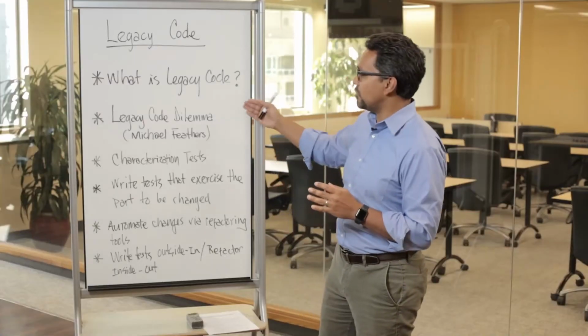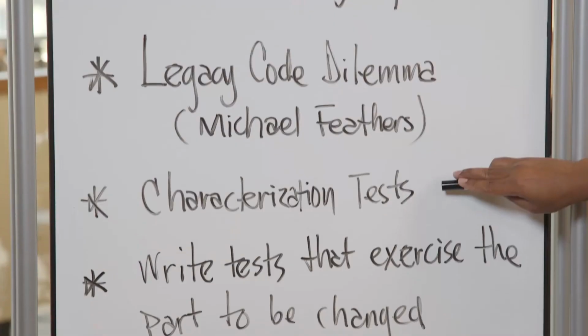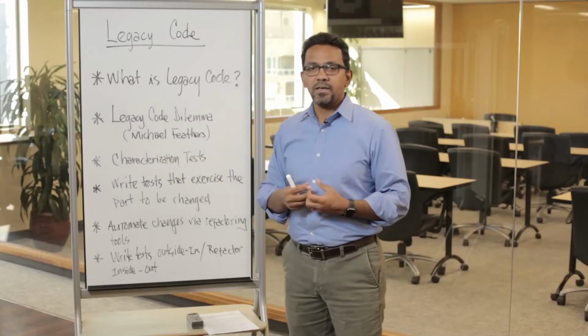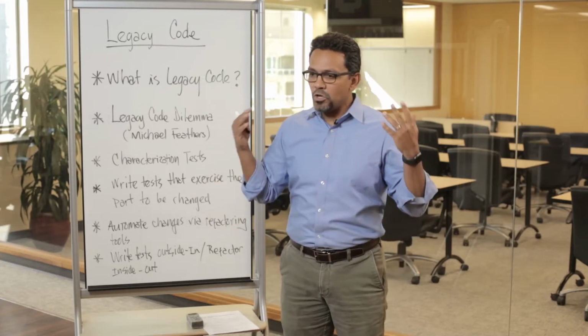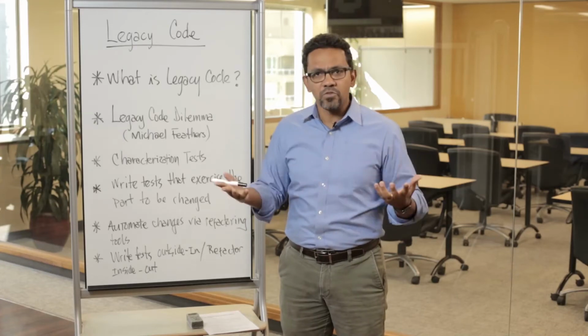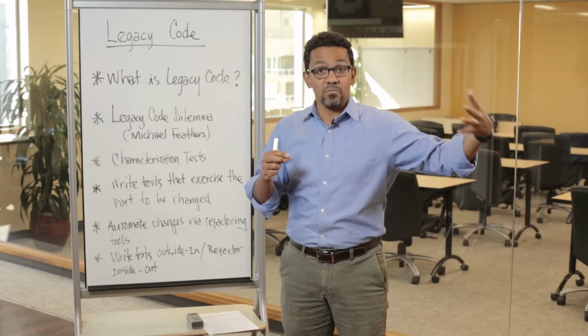So one thing that you could do is first start with what we call a characterization test. A characterization test is essentially a test that you know is going to fail. Sometimes when you're dealing with legacy code, you cannot even tell what the behavior is. You want to make a change, but you don't want to change any existing behavior.